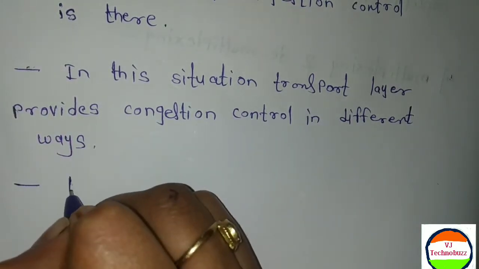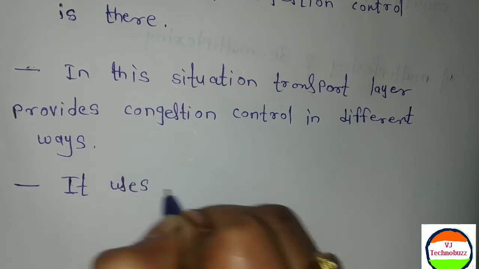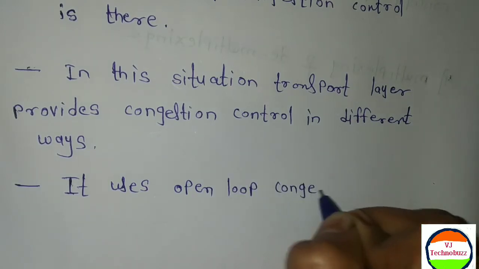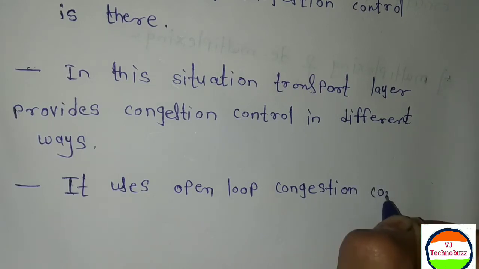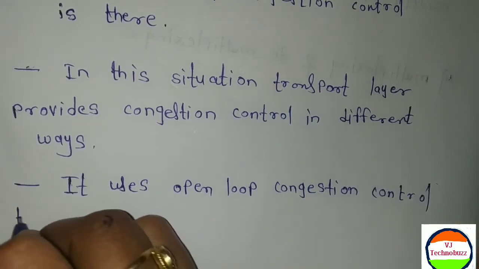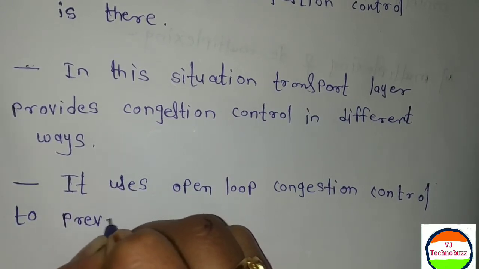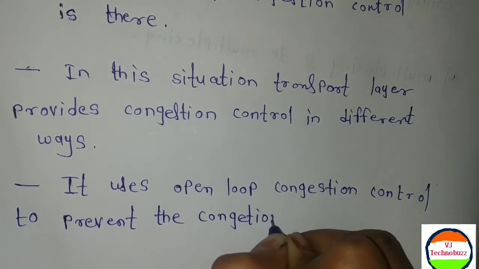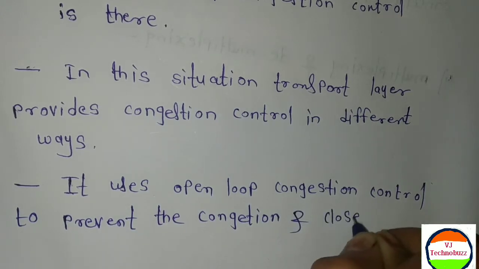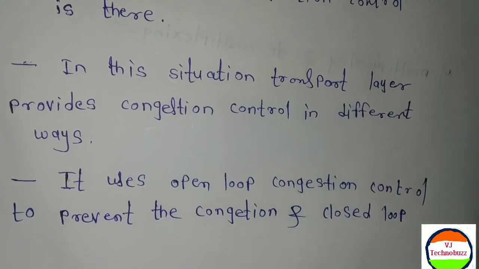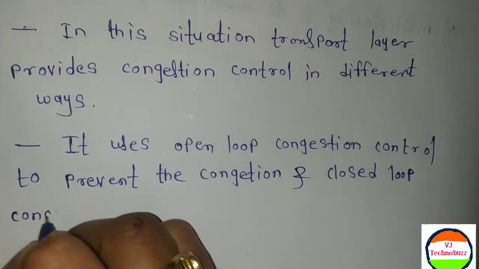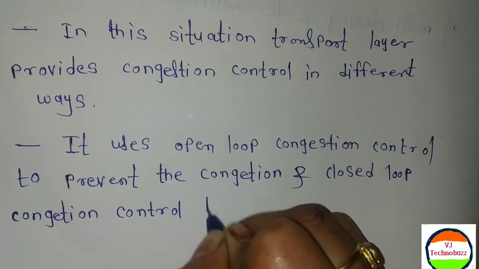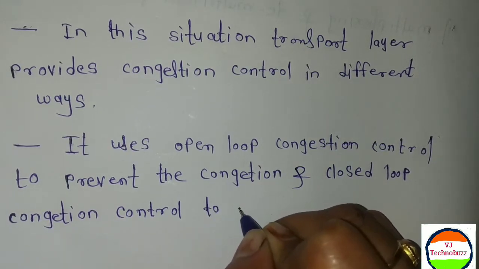It uses open loop congestion control to prevent the congestion and closed loop congestion control to remove the congestion in a network.